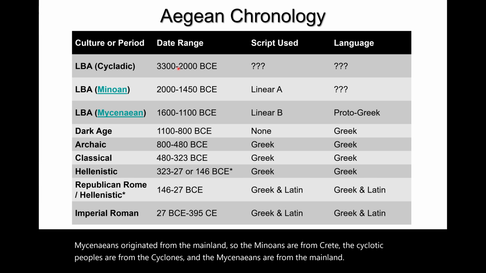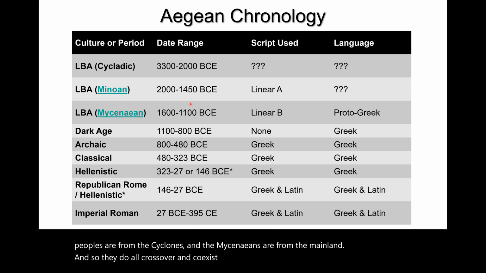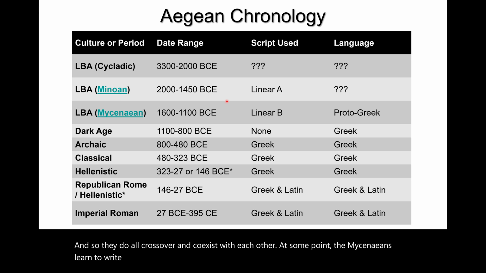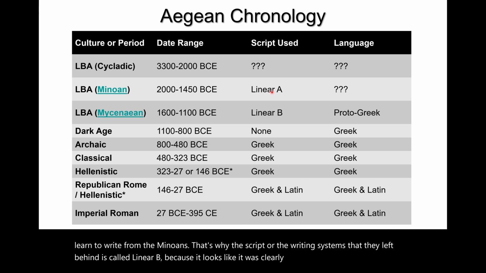And so they do all cross over and coexist with each other at some points. The Mycenaeans learned to write from the Minoans. That's why the writing system they left behind is called Linear B, because it looks like it was clearly based off of Linear A.